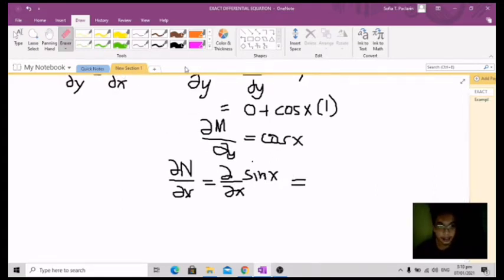Derivative of sin x is cosine x. So we can say that this differential equation is exact. Therefore, this differential equation is exact.